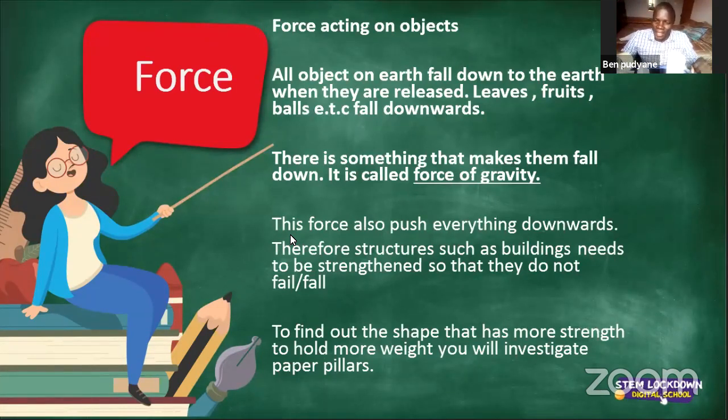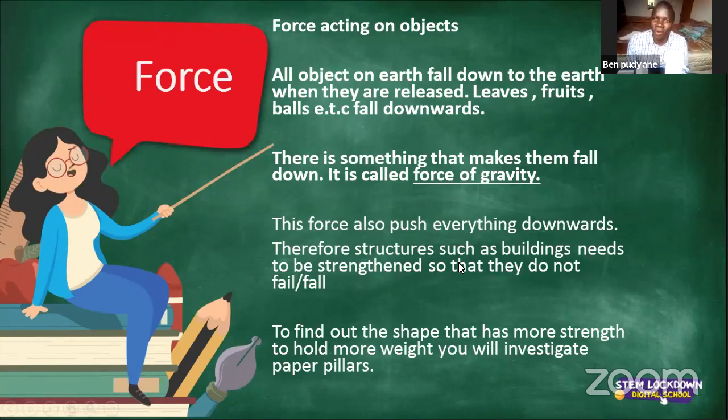It is important for you to know that objects keep standing, but the force of gravity wants to take them down. The houses you live in, the force of gravity is busy pushing them down. Even when you are standing, it is pushing you downwards. When you jump upwards, it takes you down.